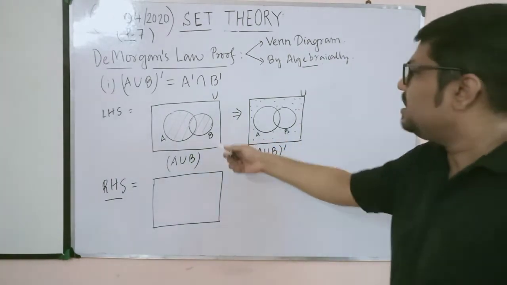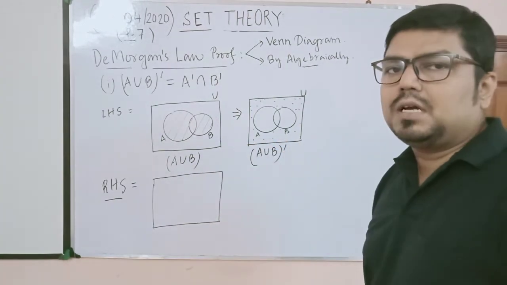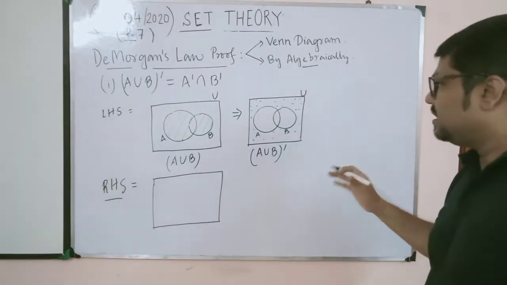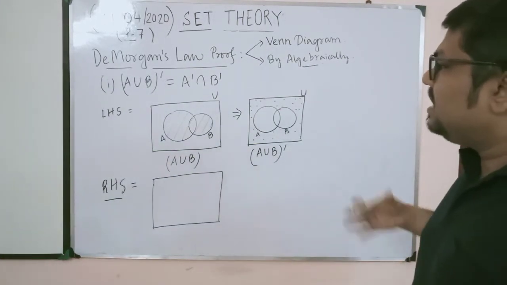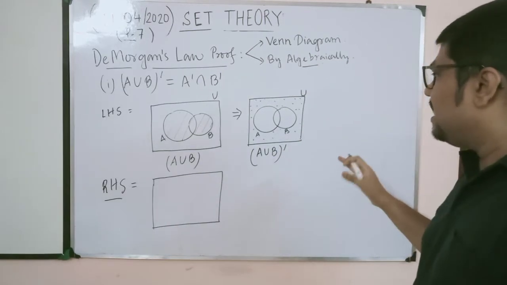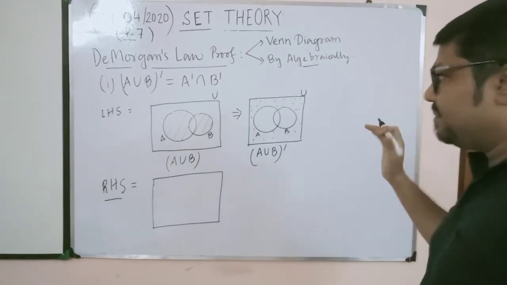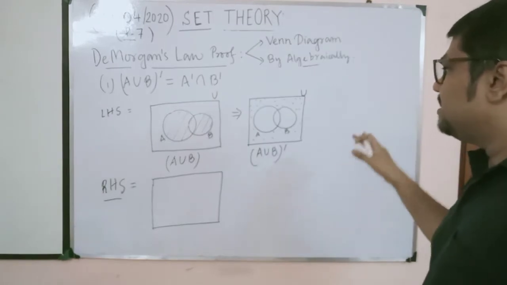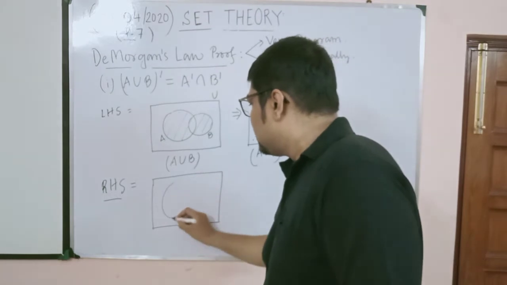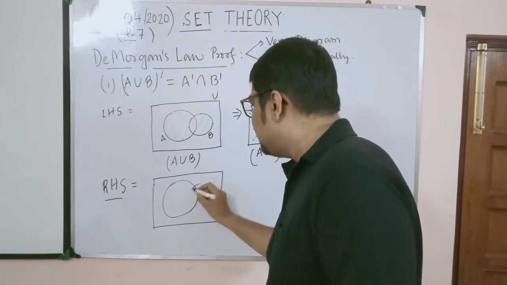Say here in my diagram, A is a little bigger than B, so you have to draw like this. That means B cannot be bigger than A, so that it is comparable. The diagrams are more or less similar.